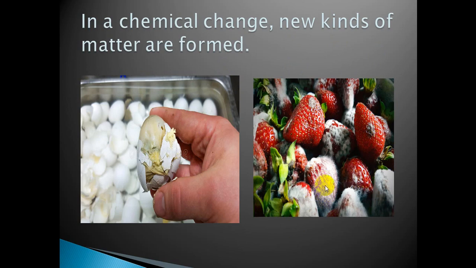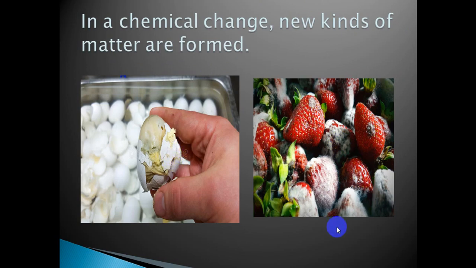Can you move the strawberry back to be fresh and nice? Of course not. So it's not a physical change here, it's a chemical change. Why? Because a new kind of matter is formed. This one, this bad one.